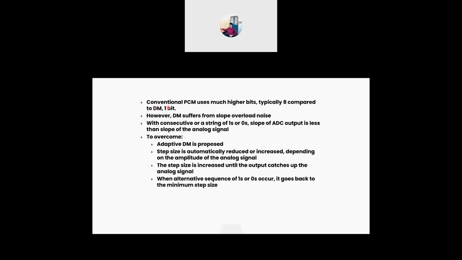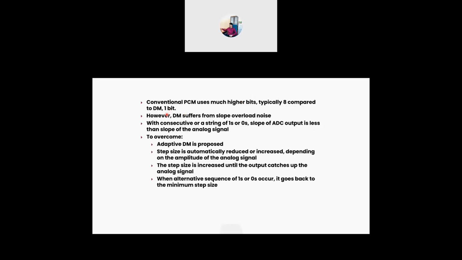The advantage of delta modulation is that it is less complicated, where we only need to use 1 bit. However, with the other methods you will have more information because we will have more bits. So this can be a disadvantage of delta modulation.